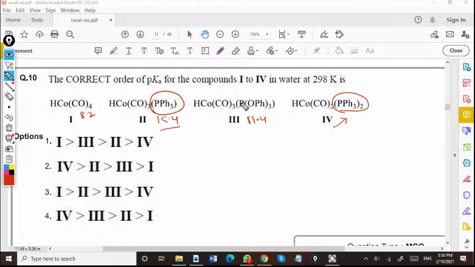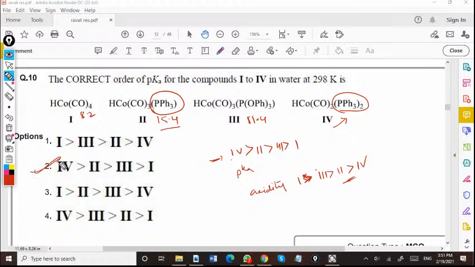So 4 is the maximum, then 2, then 3, and then 1 in the pKa order. The acidity order will be the reverse. Our interest is the pKa order: 4, then 2, then 3, and then 1.